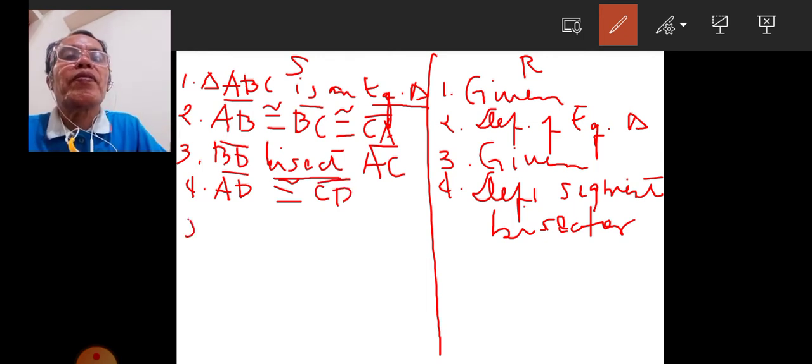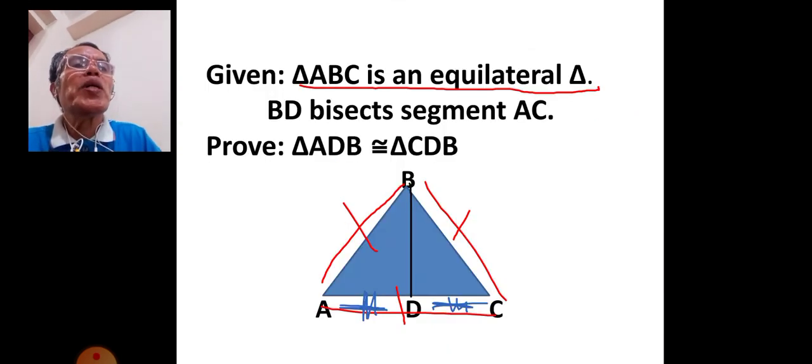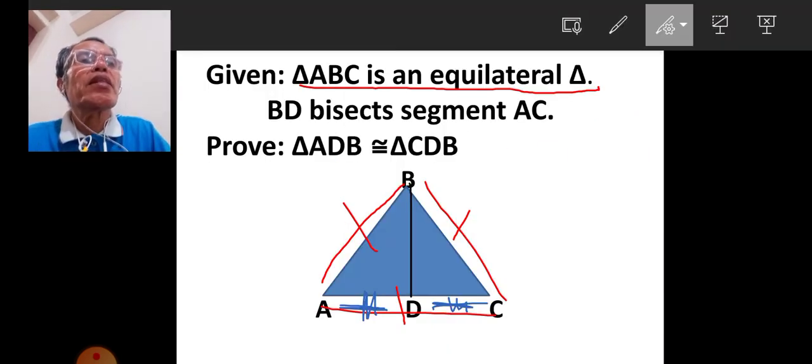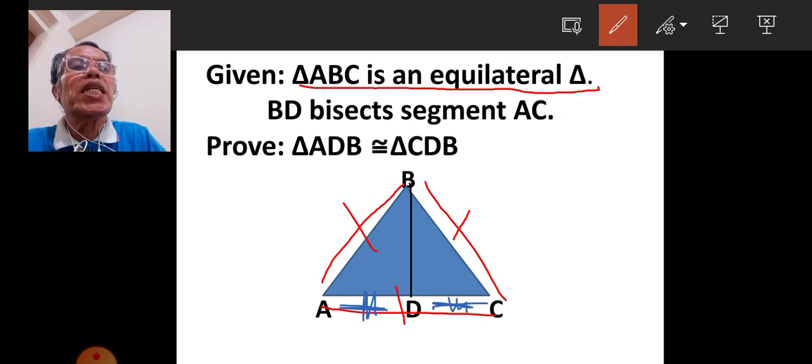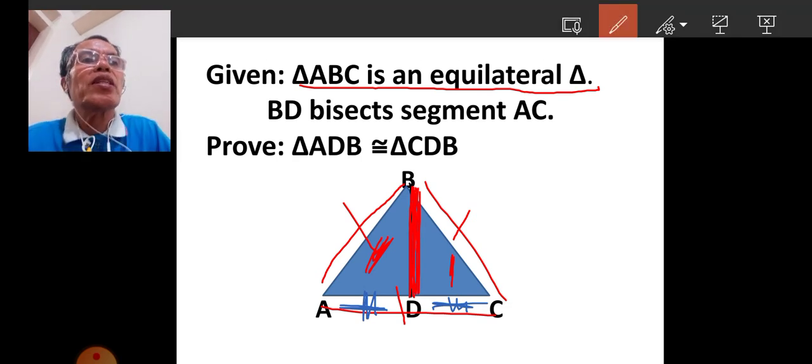So number 5, you can now say that segment BD is congruent to segment BD because this segment is the side of this triangle and it is also the side of this triangle. So that is BD is congruent to itself.